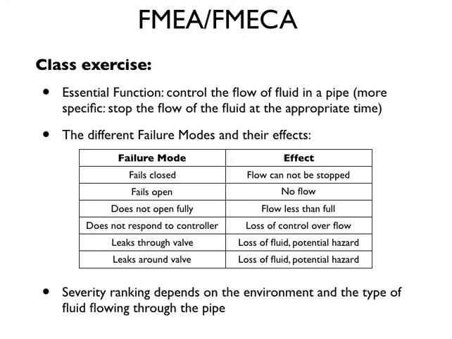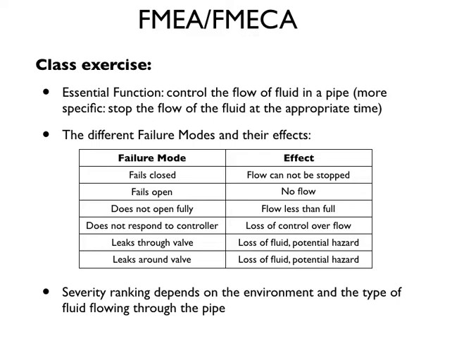Okay, so first off, the essential function of the gate valve is to control the flow of fluid in a pipe. The table in the middle of this slide shows a variety of different failure modes and their effects. So I'll give a few examples. Let's say the gate valve fails closed.